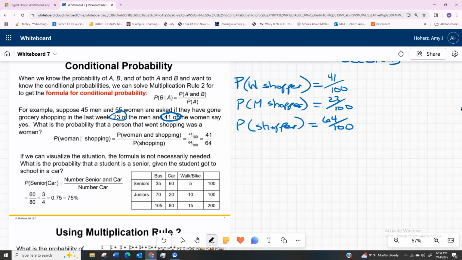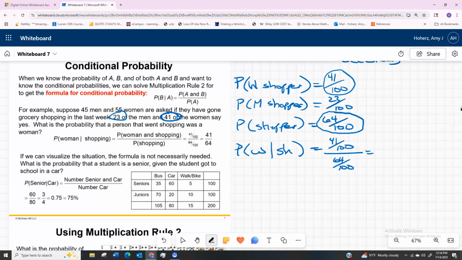So for the formula, in order to get the probability that you have a woman given that you have a shopper, we're going to take the probability of woman shopper, which is this 41 out of 100, and we're going to divide it by the probability that they're a shopper, regardless of whether they're a man or a woman. So that'd be 64 out of 100.